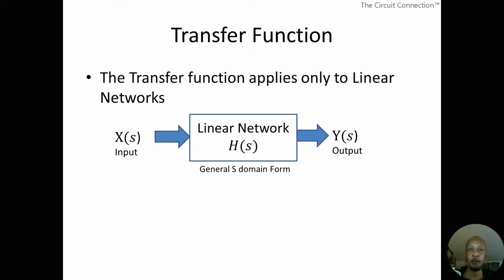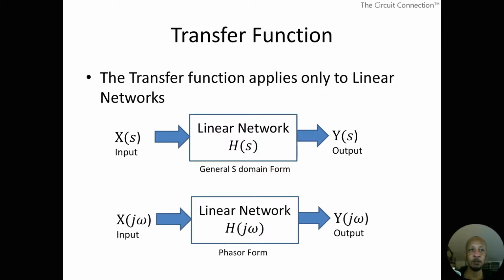And then you have Y of S as an output, your output variable there. So when you transform that and go into the phasor form of it, all you're going to do is simply substitute JW for S. And again, it only applies to linear networks, and that's in the phasor form. When it's in its phasor form, then you can actually start doing calculations and things like that.